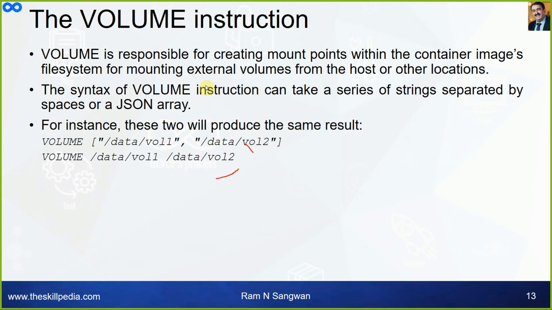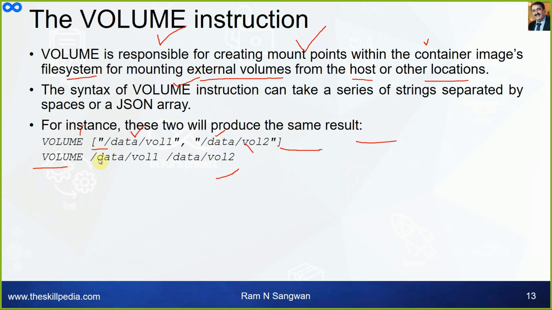So volume is responsible for creating mount points within the container's image file system for mounting external volumes from the host or other locations. The syntax of volume is quite simple, like volume, and this is JSON format, data volume 1, data volume 2 separated by comma. You can keep as many volumes as you want.